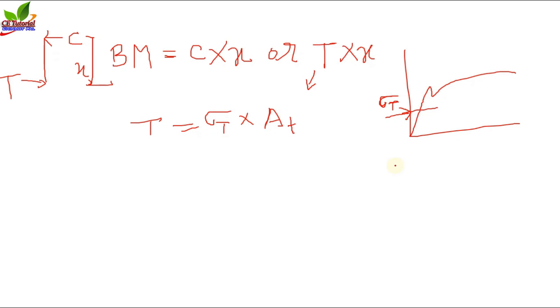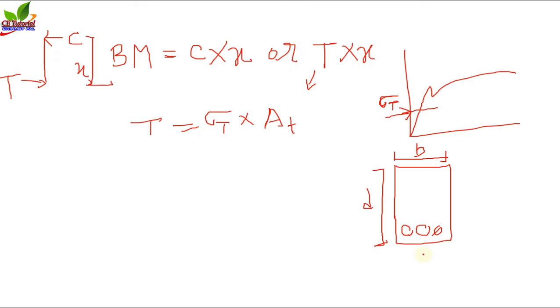When we are going to design a beam, we have to calculate the width of the beam, the depth of the beam, and the area of reinforcement. We denote the area of reinforcement by AST.